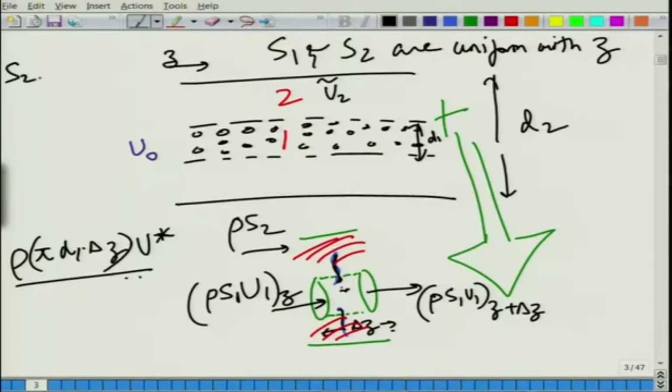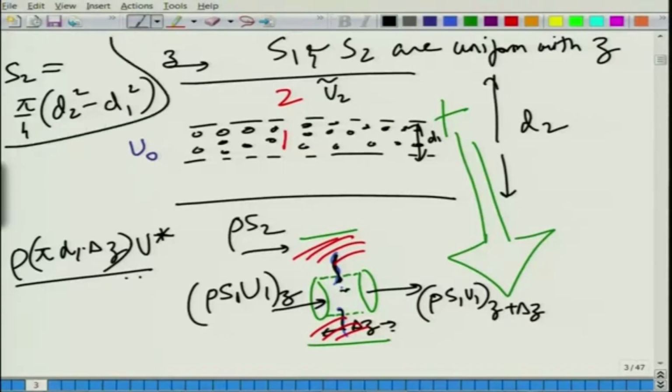S2 is, let me make it clear here, this is what it was. But S2 remains uniform, as I have been mentioning. So, we will keep this aside and go about our business of simplifying things.